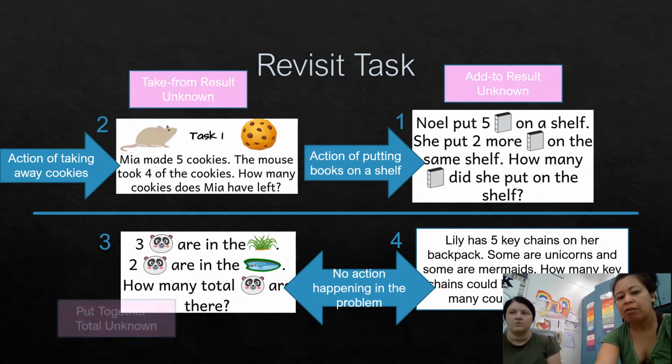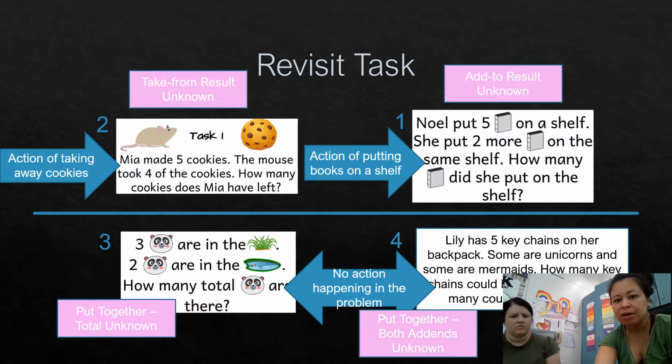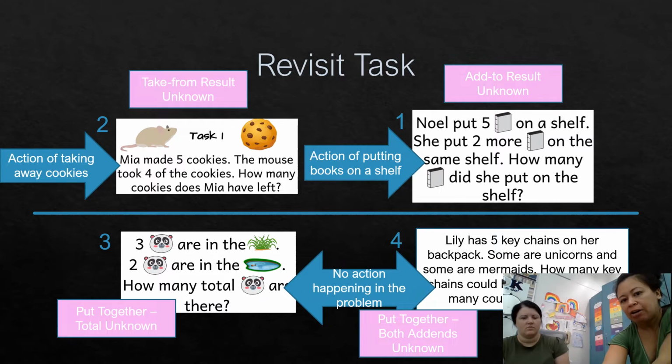That's what they have to figure out in the problem. And then put together total unknown, where they have to figure out the total, but there is no action in the problem. And then the both addends unknown put together problem, and that is the hardest. So you can see they're ordered from 1 through 4 from easiest to hardest.